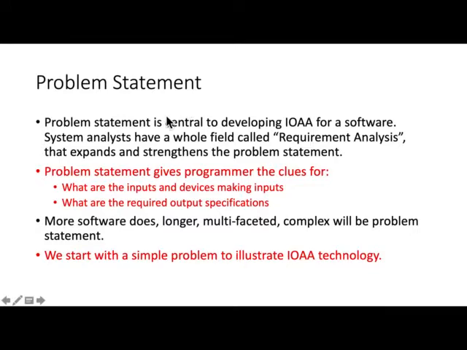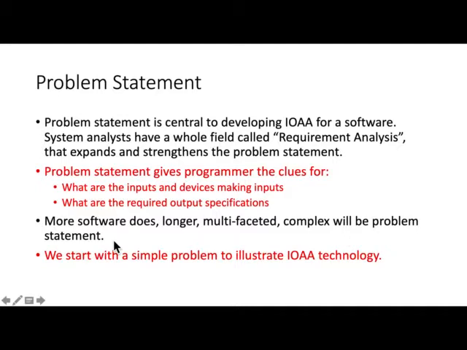The problem statement is central to developing IOAA for software. System analysts have a whole field called requirement analysis that expands and strengthens the problem statement. The problem statement gives the programmer the clues for what the inputs are, what devices make the inputs, and what the required output specifications are. The more the software does, the longer, more multifaceted, and complex the problem statement will be.